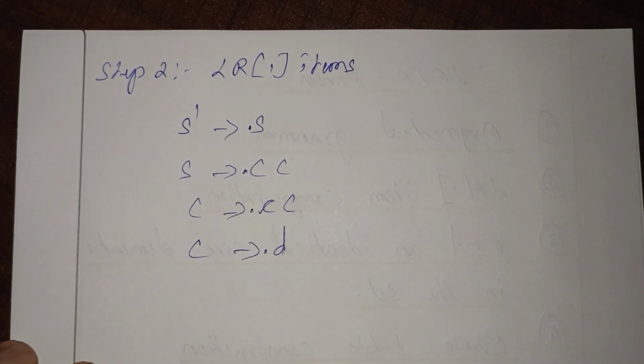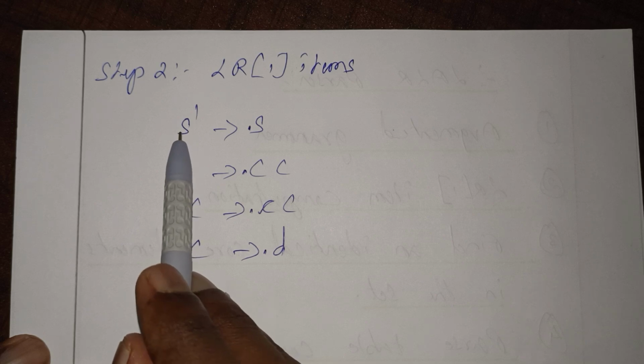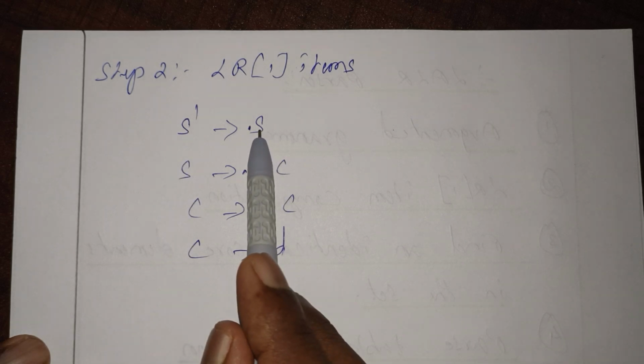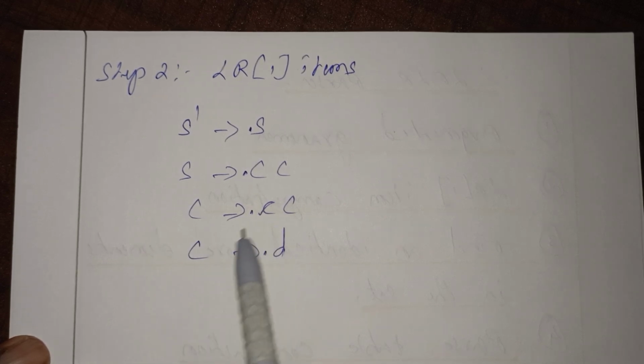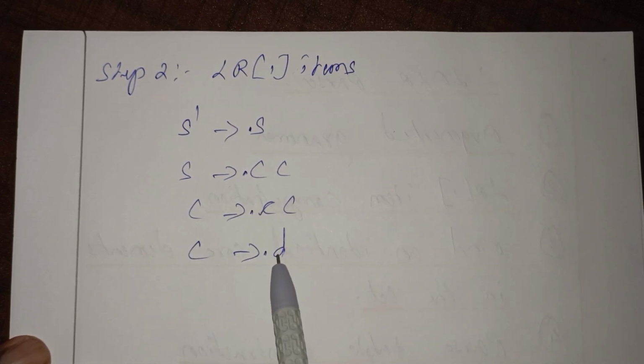Now LR of 0 is actually here, right? What is LR of 1 in the sense? We need to add first of S', first of S. First of S is equal to first of C, first of C is equal to small c, and first of C is equal to small d.